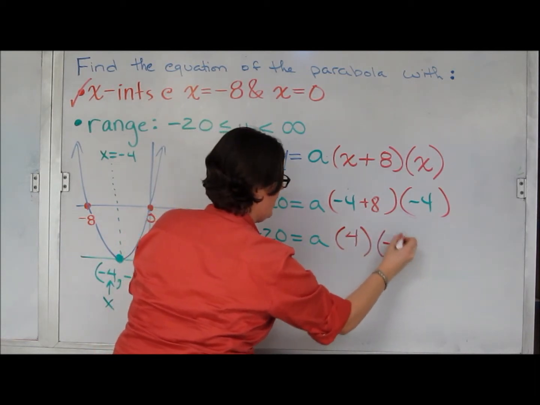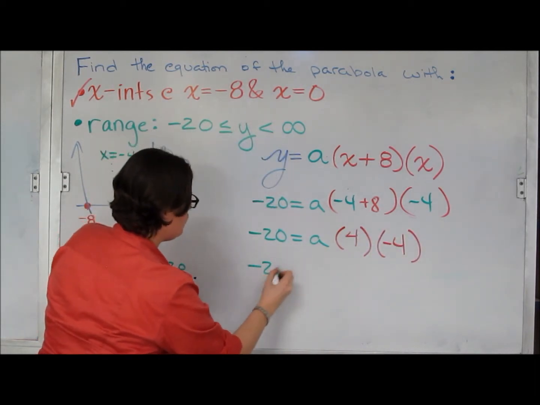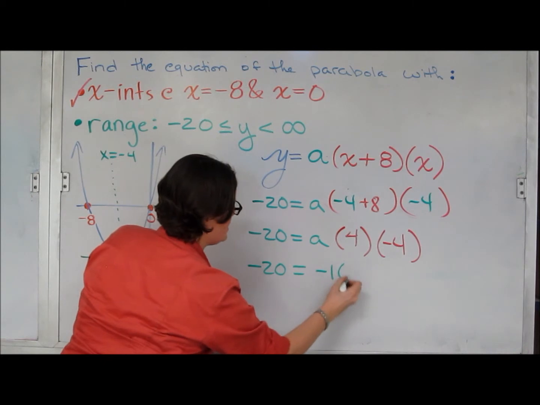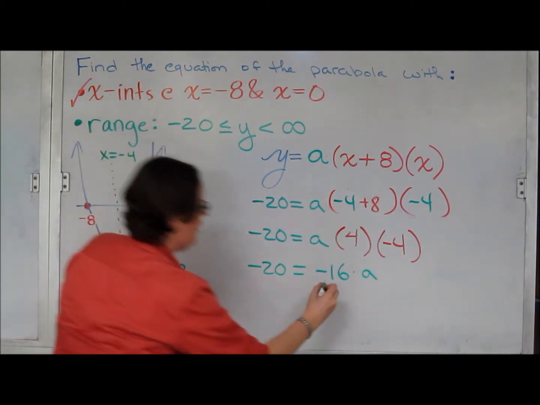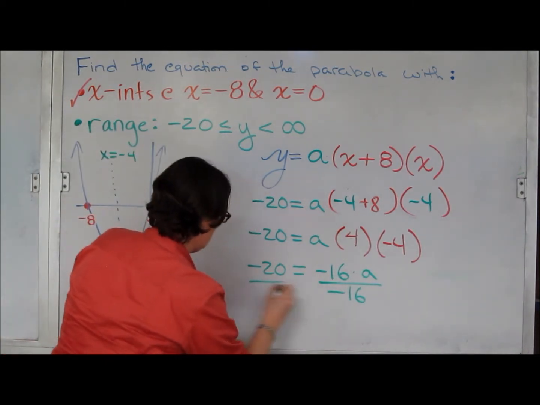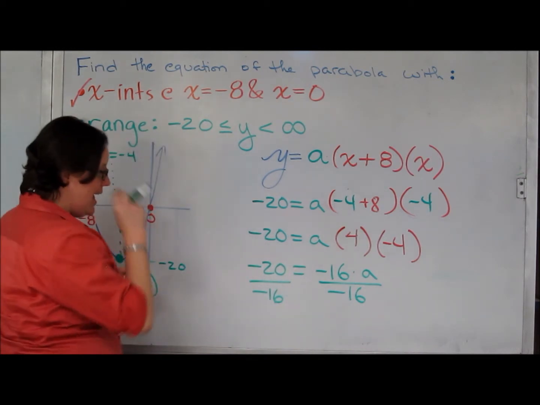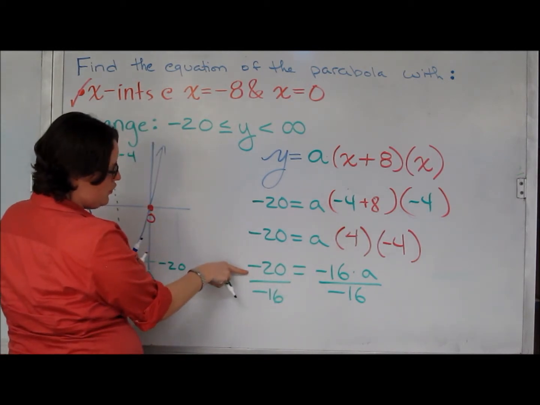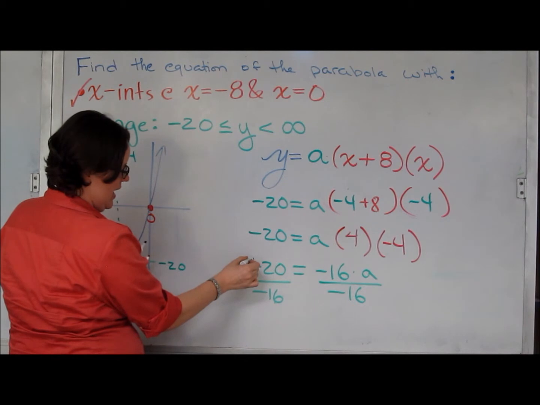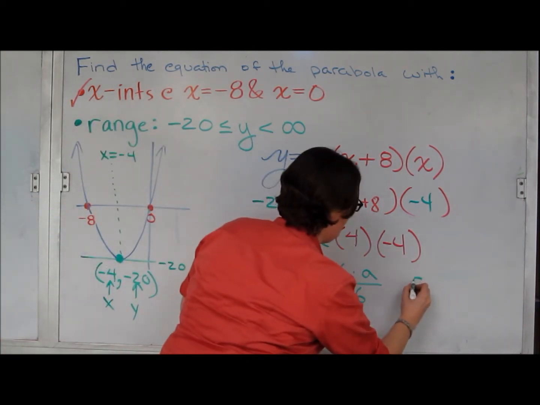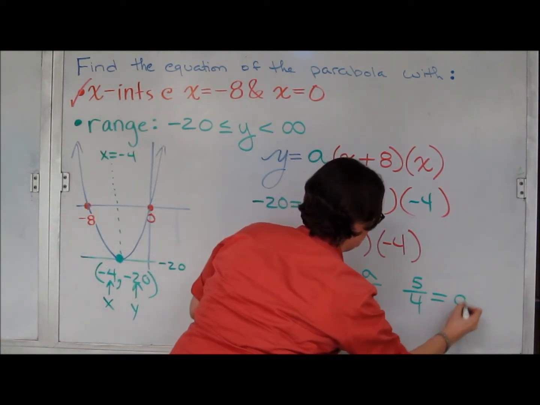This is still -4. So -20 is equal to -16 times a. If I divide both sides by -16, I'm going to get that a is equal to -20 divided by -16, aka positive 5/4.